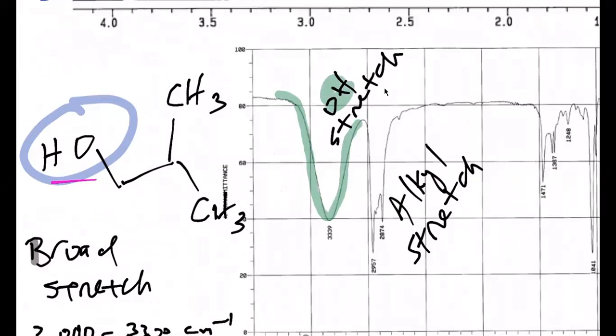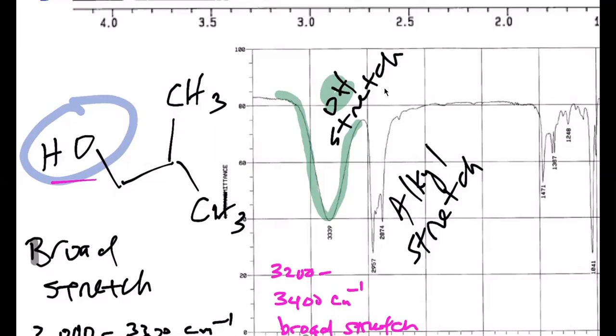If you got an alcohol present, that's always going to be there, and it's always going to be somewhere between 3,200 and 3,400 reciprocal centimeters. Always. And it always looks like that. It's what you call a broad stretch. So that's one of the infrared stretches that you should memorize.